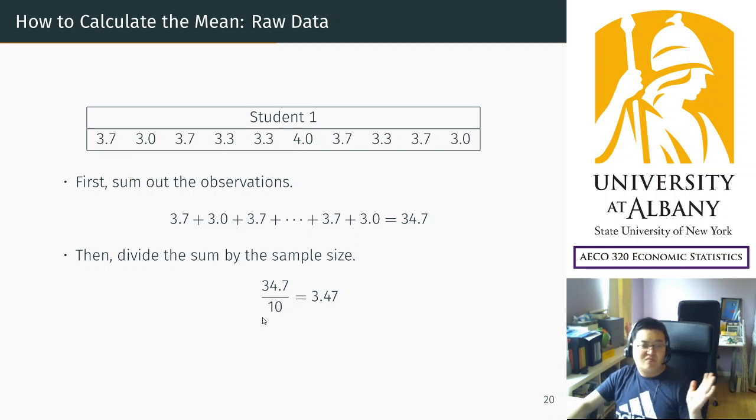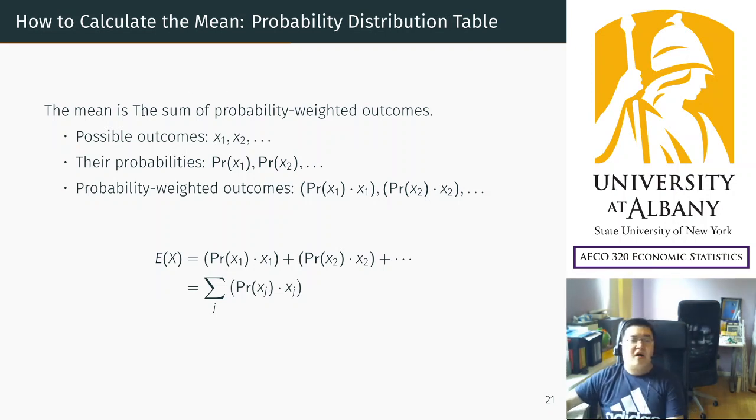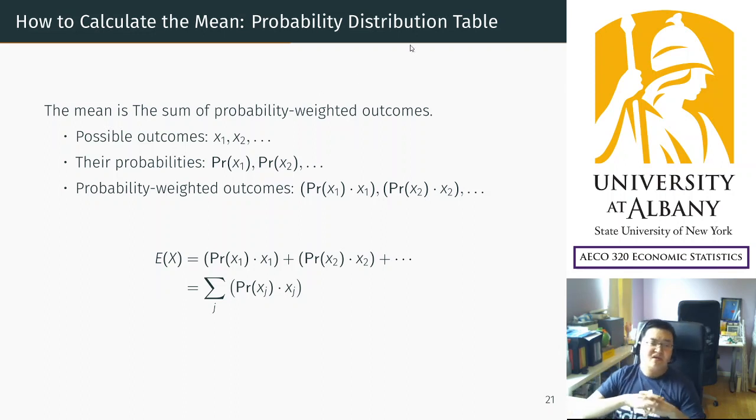Everyone knows this. Now let's compare that method with this one. The definition is the same. The mean is the sum of probability weighted outcomes. Sorry for this typo, it should be lowercase, not a problem. To think about this, suppose that there are possible outcomes. The possible outcomes are lowercase x1, lowercase x2, and there can be many possible outcomes.